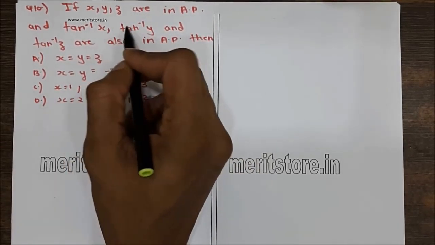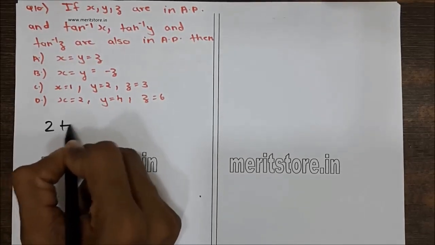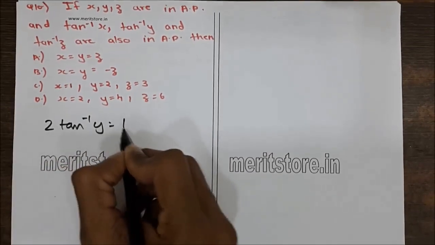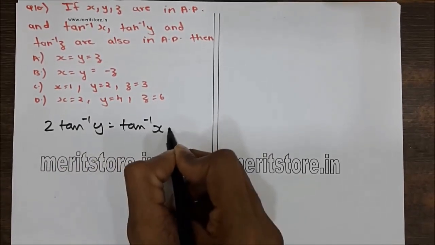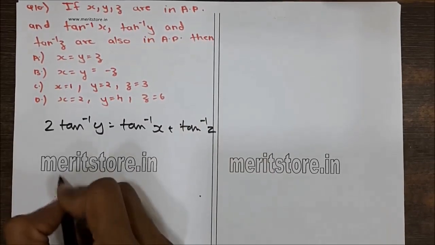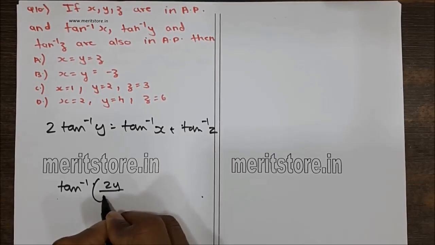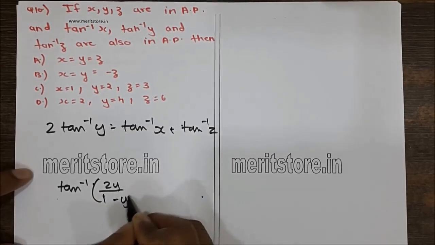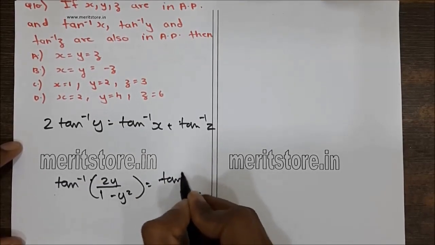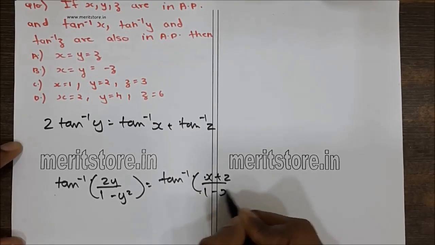So the given terms are in AP, that is 2 tan inverse of y is equal to tan inverse of x plus tan inverse of z. We can write 2 tan inverse of y as tan inverse of 2y upon 1 minus y square, equal to tan inverse of (x plus z) upon (1 minus x into z).